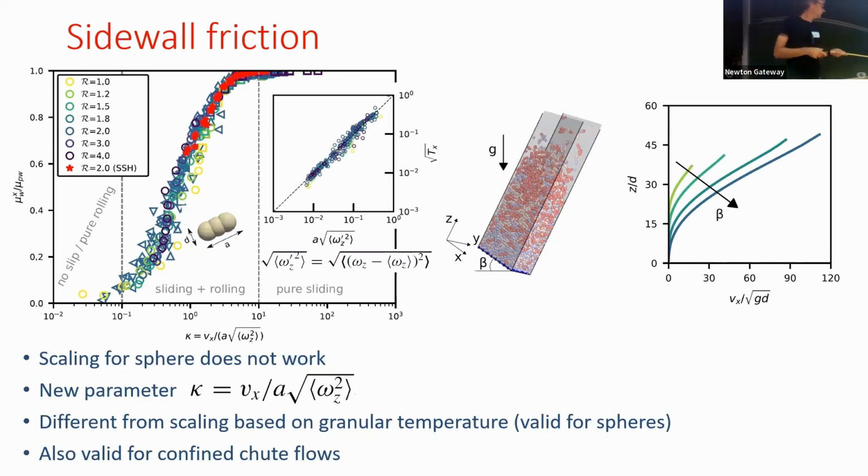For elongated particles, the scaling that I reported here is not exactly the same, because on the x-axis you do not have the velocity divided by the square root of the temperature. You have a parameter kappa, which is the velocity at sidewalls divided by a times the square root of the average of the square angular velocity in the z direction.